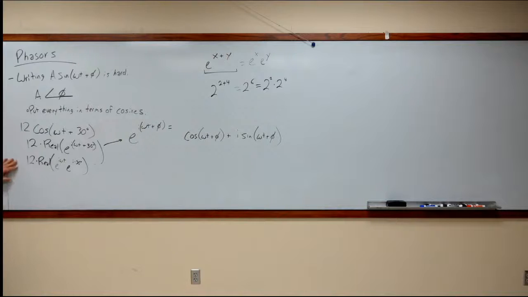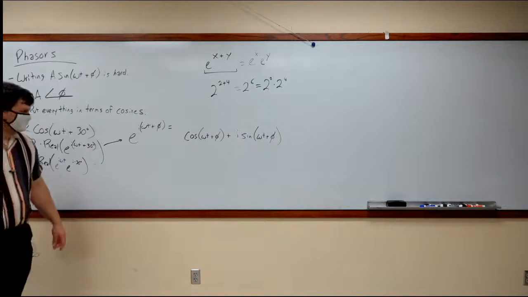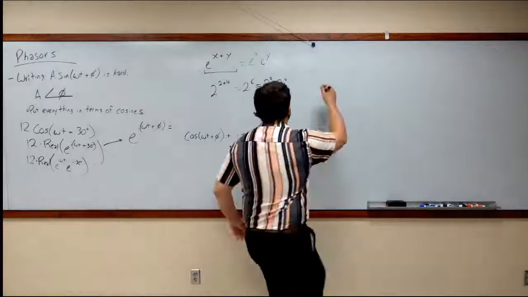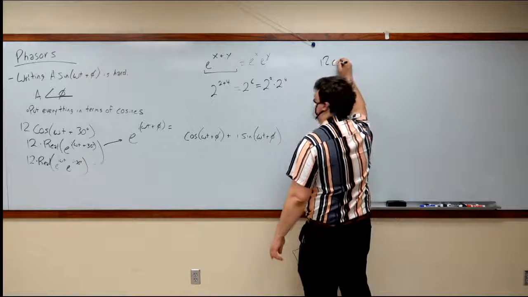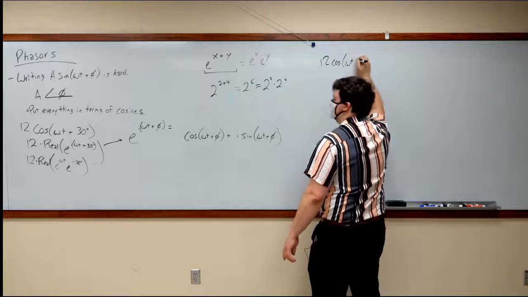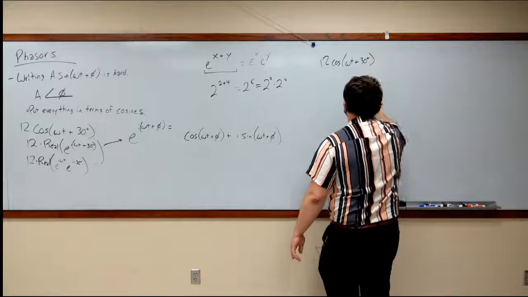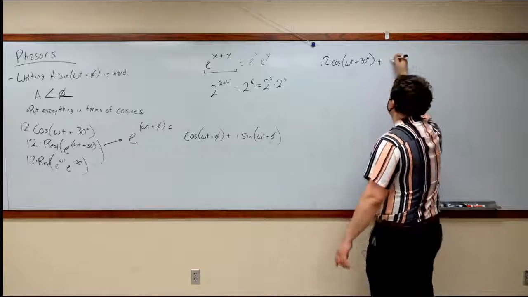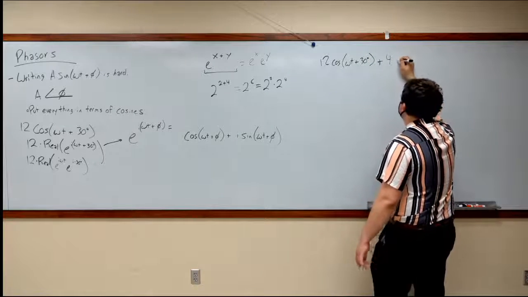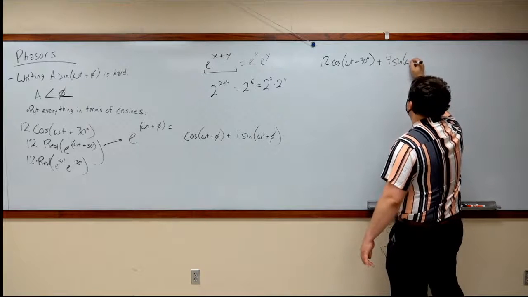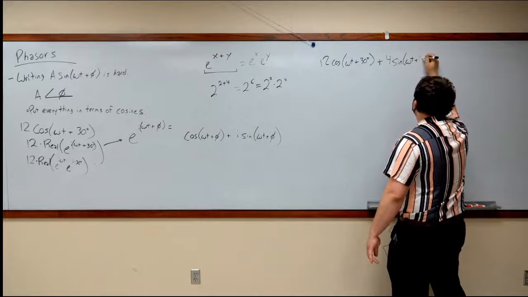Now let's say we were going to take this function, 12 cosine omega t plus 30 degrees, and add it to 4 times sine of omega t plus 20 degrees.